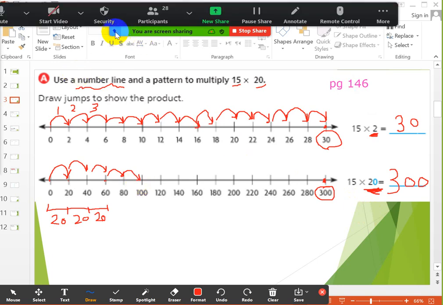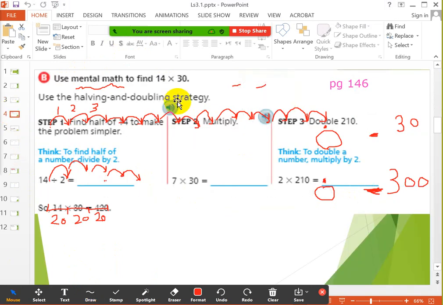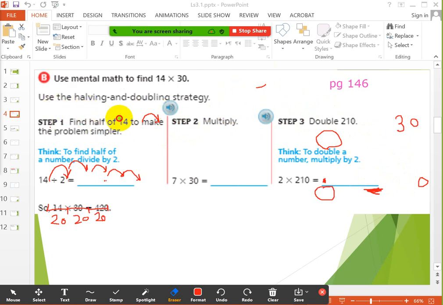Now, okay, girls, now we will move to the next strategy, or the final strategy in this lesson, which is mental math. And I know that you like mental math so much, right? So let's find the answer by using mental math.